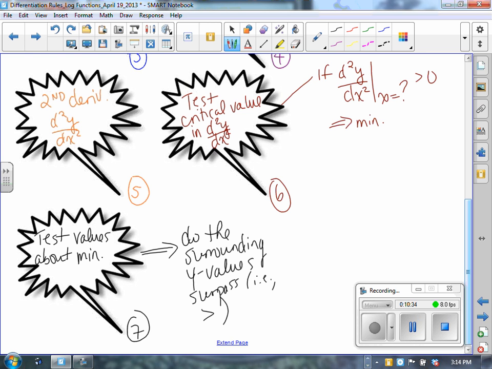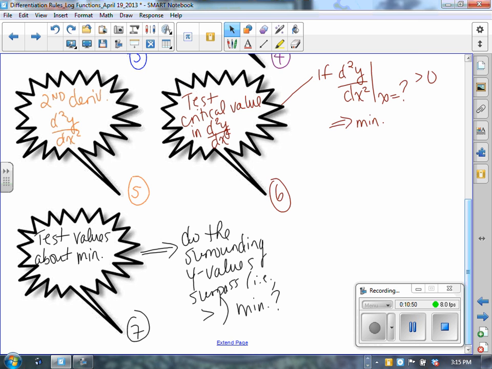Are they greater than? So do they surpass the minimum value? Okay, so are they above it? If so, then we have our absolute minimum.